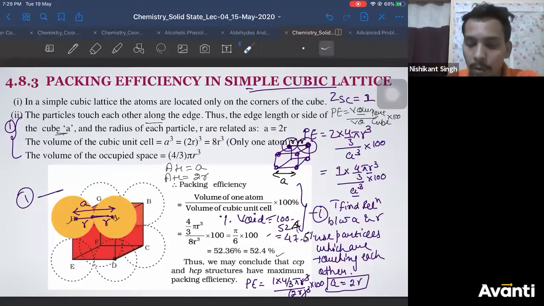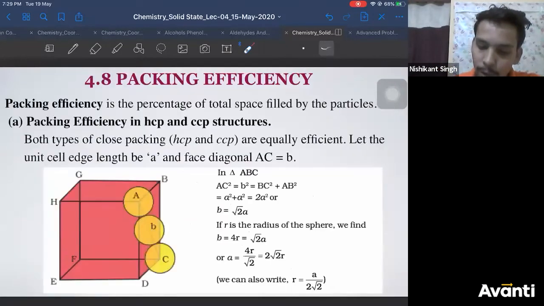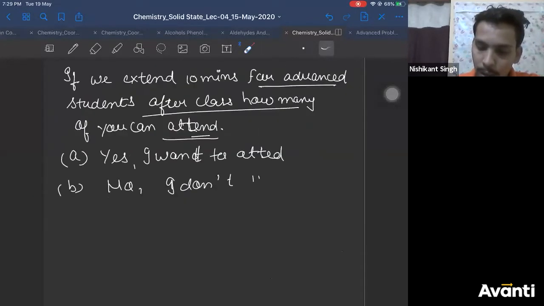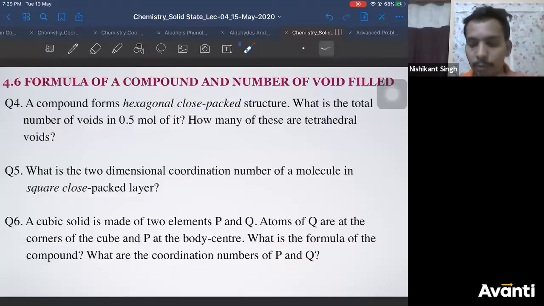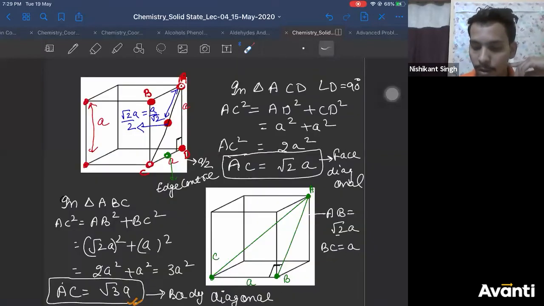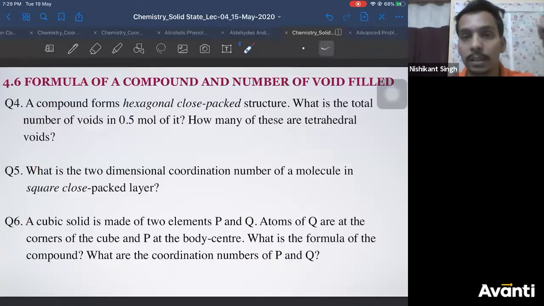Since many of you are asking about yesterday's homework, let me give you the answer of yesterday's homework problems at least. So I think yesterday's homework problems were these, right? We need to either discuss it or upload the answers.